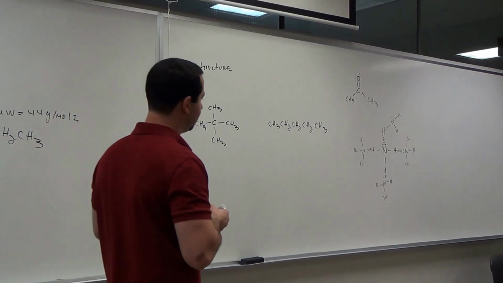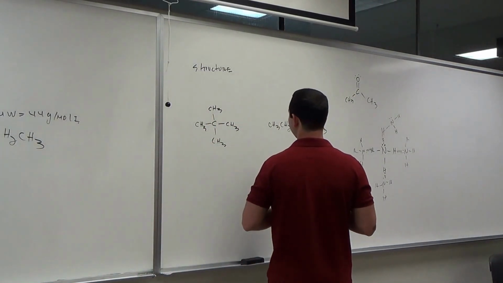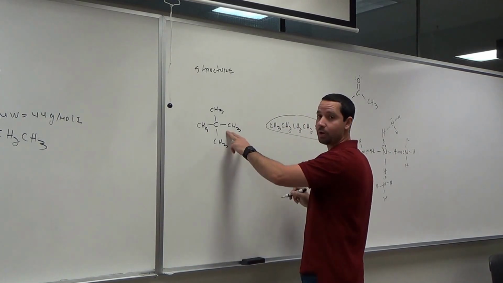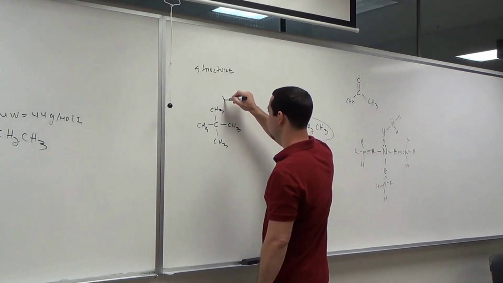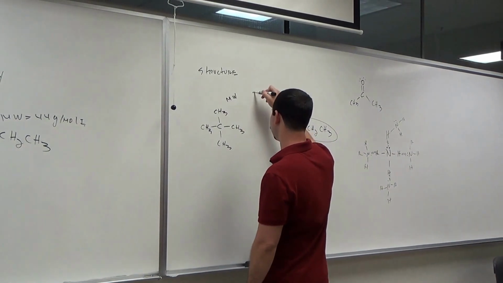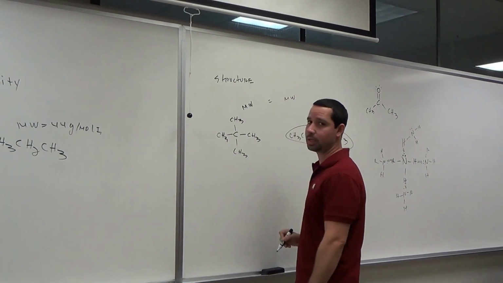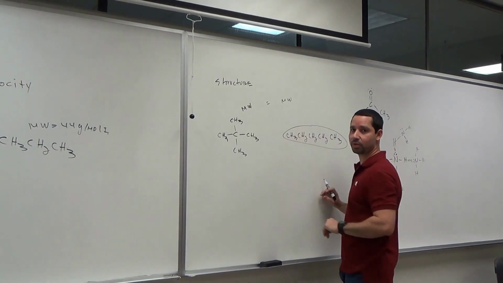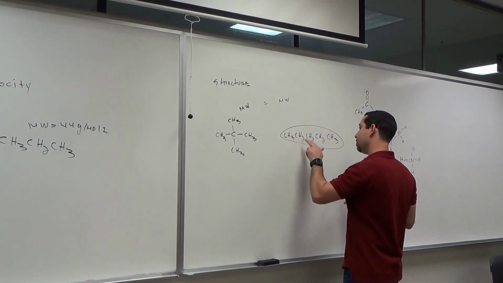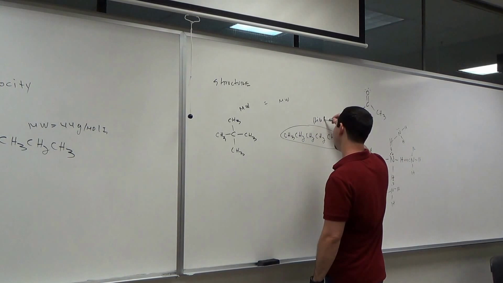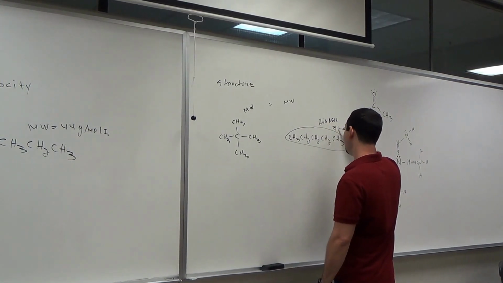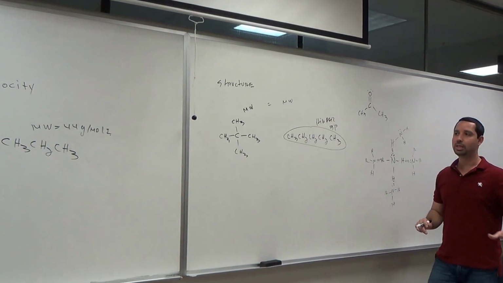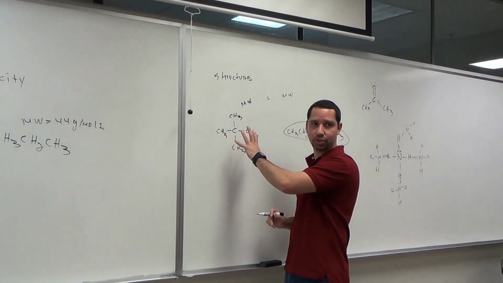So the carbons get to interact with the London dispersion force. This molecule here has the same molecular weight as this one. So the difference has to come from the structure, and this has a higher boiling point. So linear looking molecules will have a higher boiling point than these type of molecules, which are called branched.